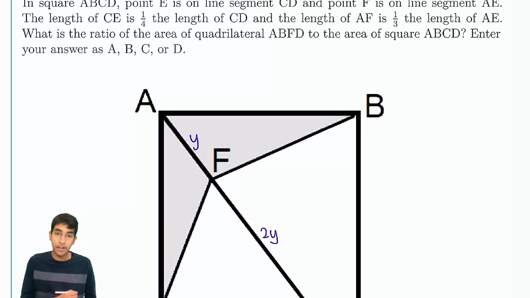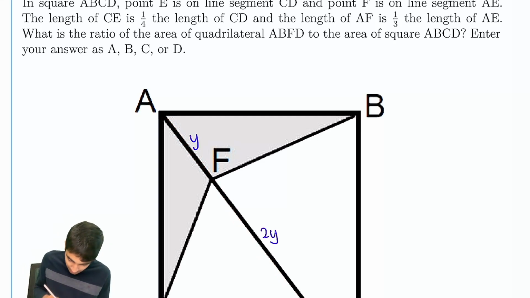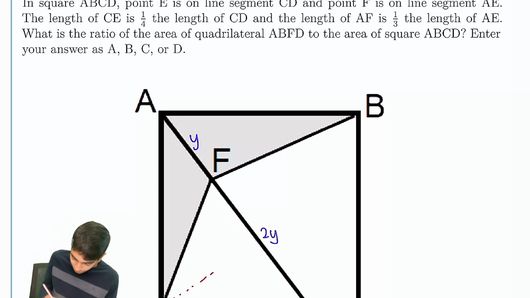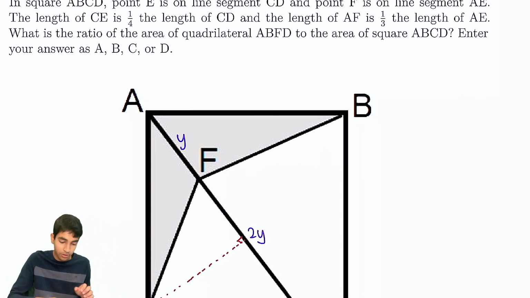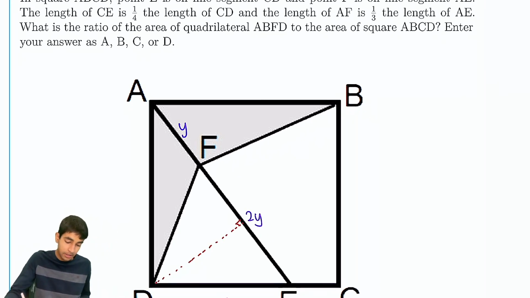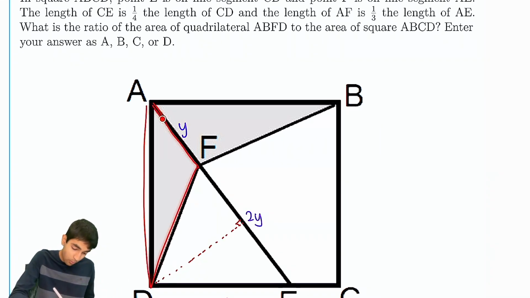We're looking at area here, and there's a very standard, useful technique, which is the same base, same height trick, basically. And we notice here, Y to 2Y. So we notice that this is a very cool thing to realize. We draw the height here. Now imagine we rotate this. I know it's hard to do here. The area of triangle AFD is Y times the height divided by 2.